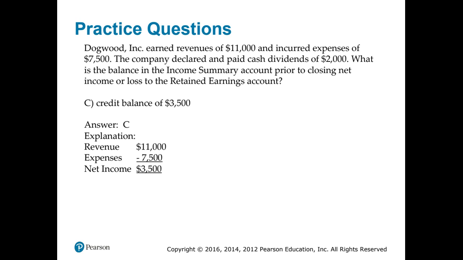So the tricky part is it's prior. So it's prior to closing net income or net loss. And so because it's prior to closing, we're only looking at the revenues and expenses. Yeah, so it's a tricky one.